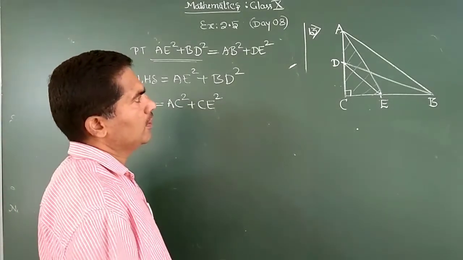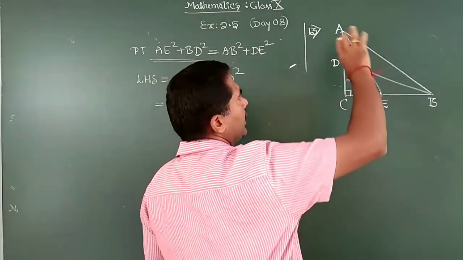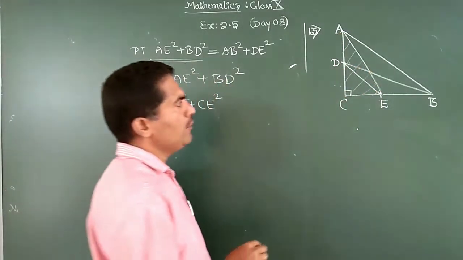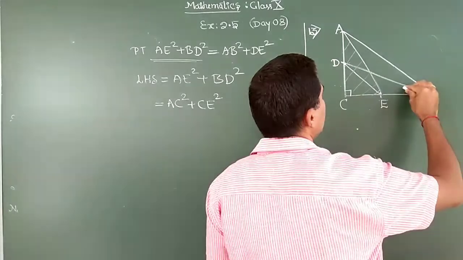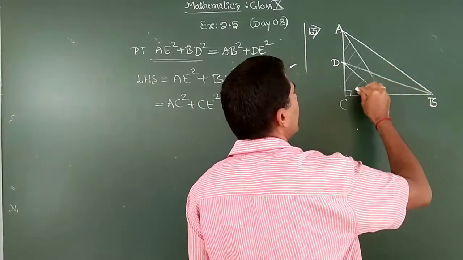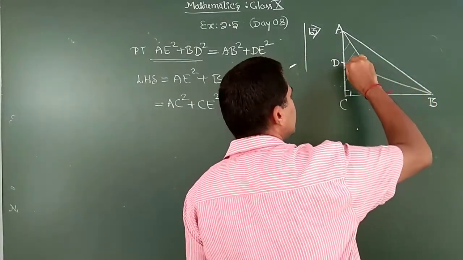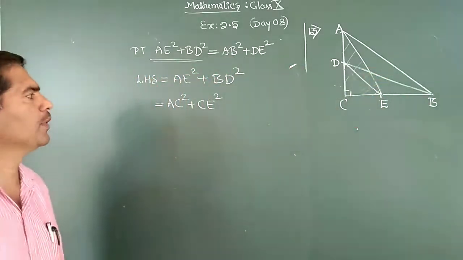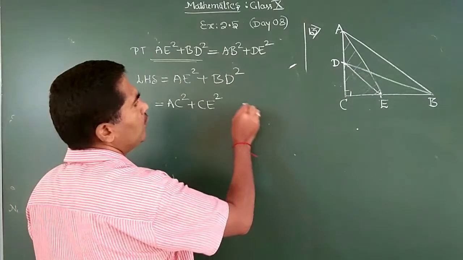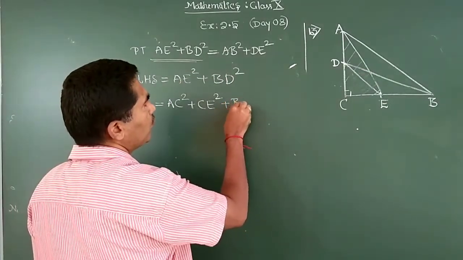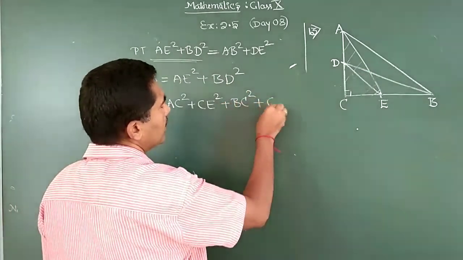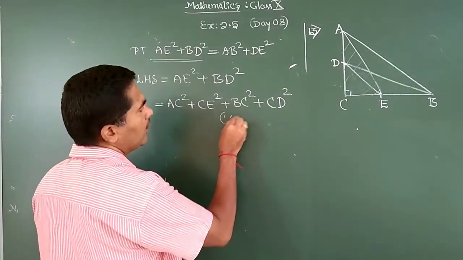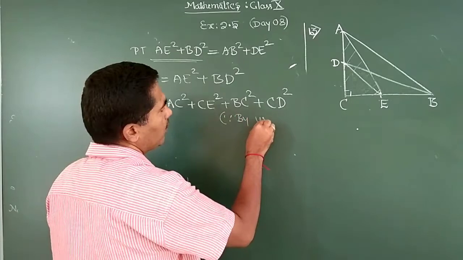Similarly, now BD square, if you observe, BD is the hypotenuse of triangle BCD. So what you can write? BD square equals BC square plus CD square. The reason, let me write, by using Pythagoras theorem.